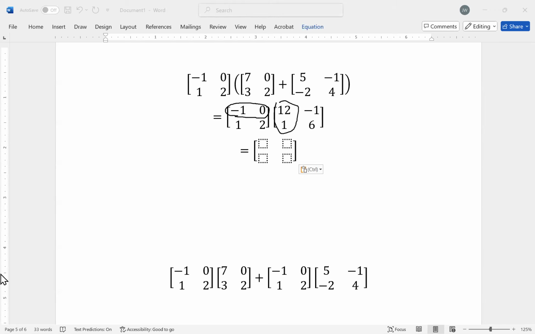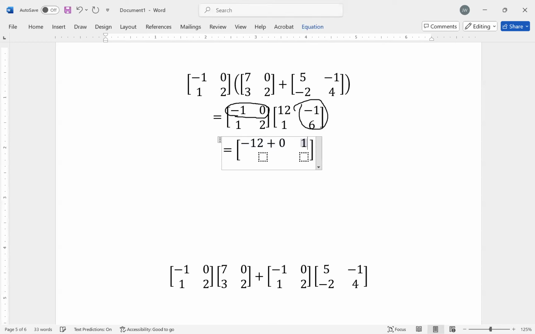That's going to be -1 times 12 plus 0 times 1. That's -12. And then first row times second column is going to give me a +1 plus 0.